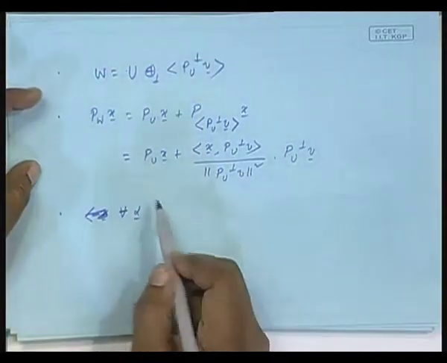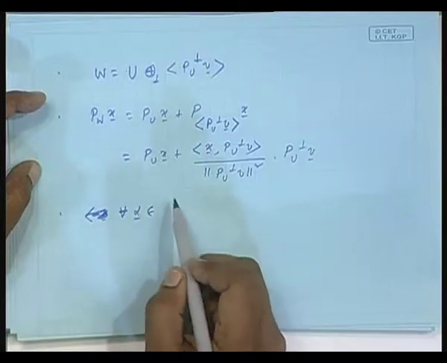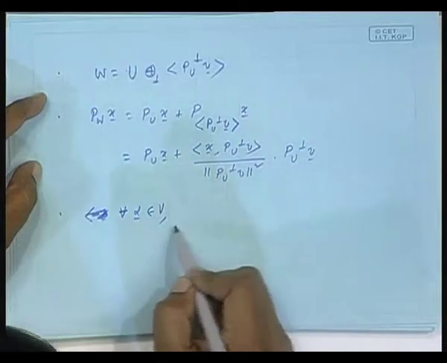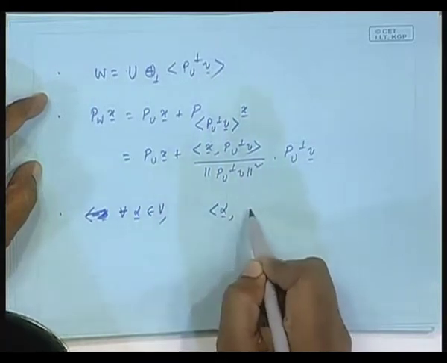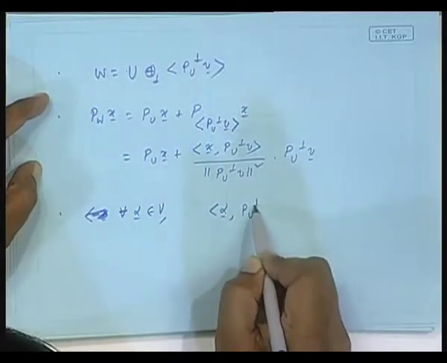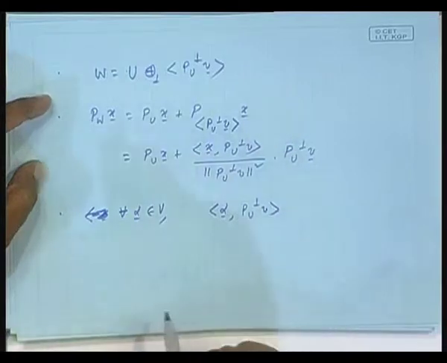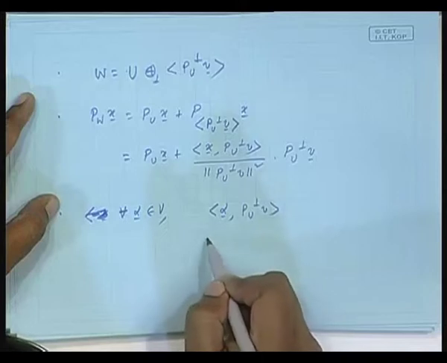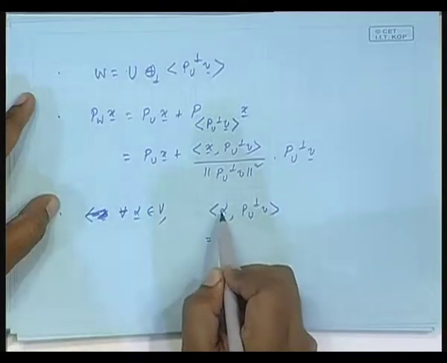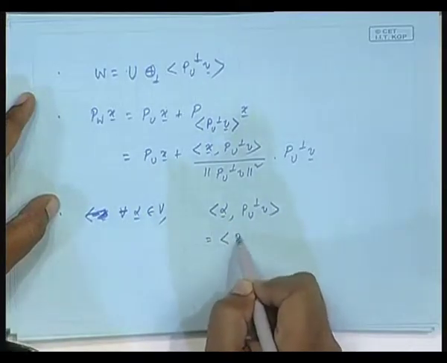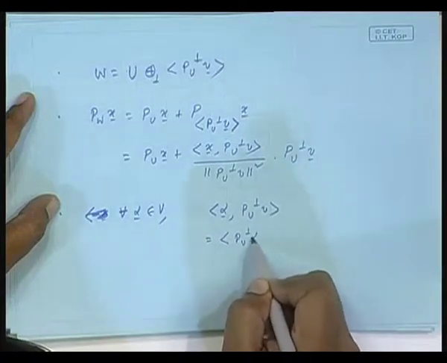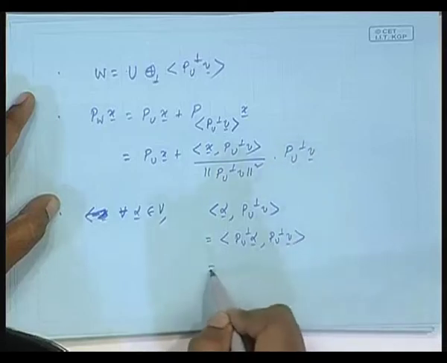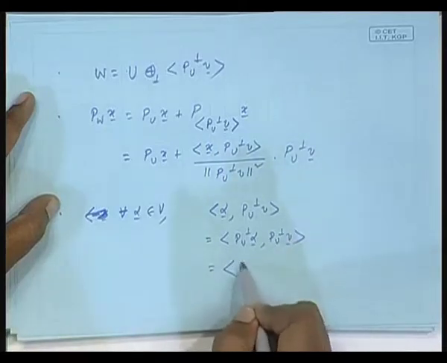For any alpha element of V, suppose you are carrying out an inner product like this, alpha with some P_U perpendicular v. Then my first claim is that this P_U perpendicular you can repeat on this. This is same as if you repeat the P_U perpendicular on this, and the next claim is you can drop this from here.